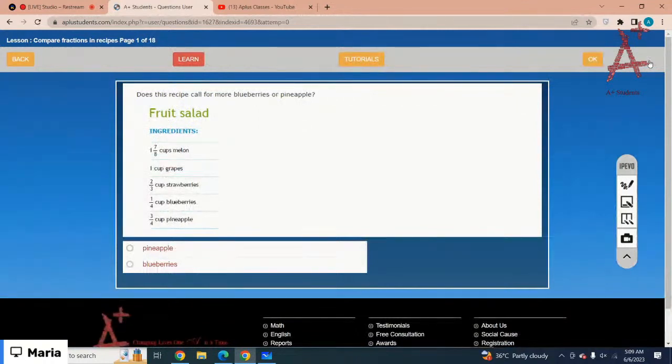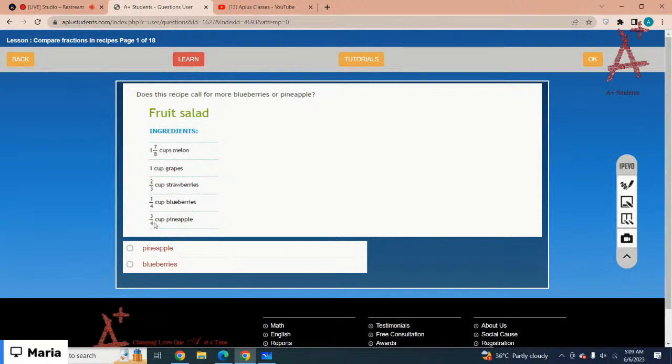Does this recipe call for more blueberries or pineapple? Which is the correct option? Here is 1 by 4 cup of blueberries and 3 by 4 cup of pineapple.